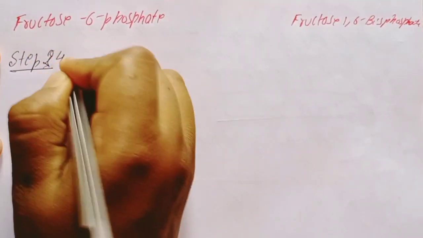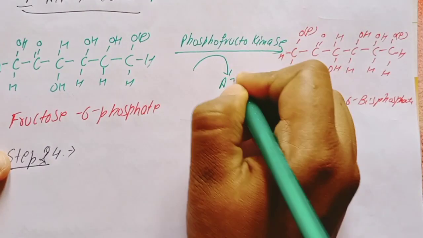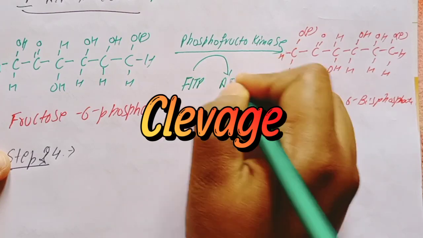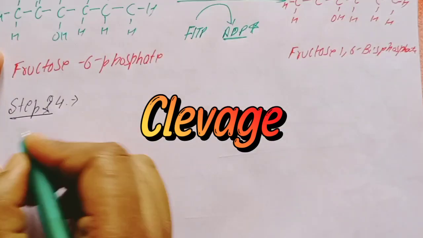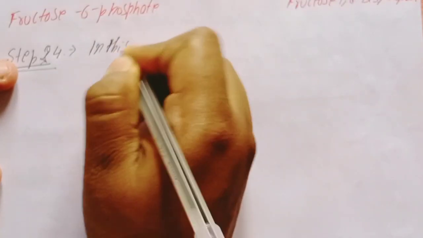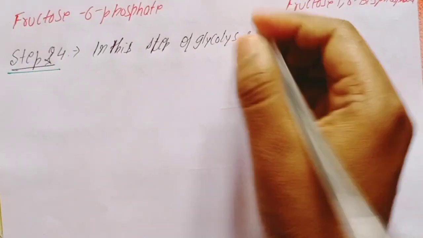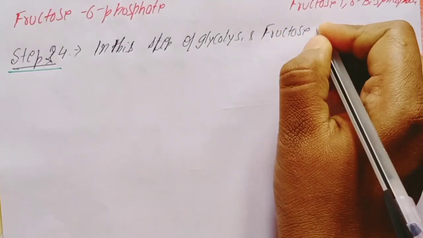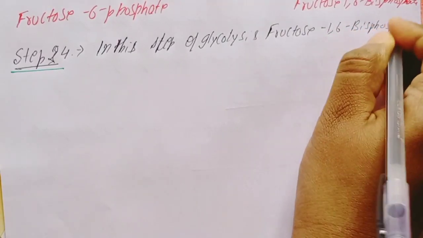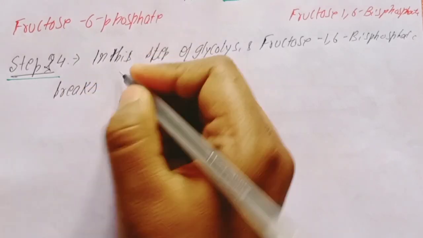So the next step is the cleavage. The fructose 1,6 bisphosphate is cleaved to produce two 3 carbon molecules, glyceraldehyde 3 phosphate and dihydroxyacetone phosphate. This reaction is catalyzed by the enzyme aldolase.